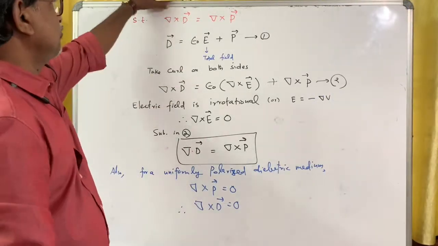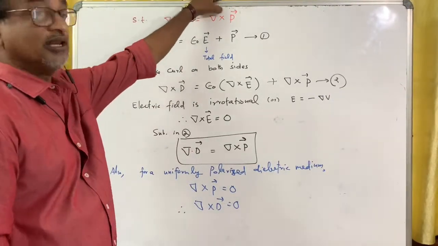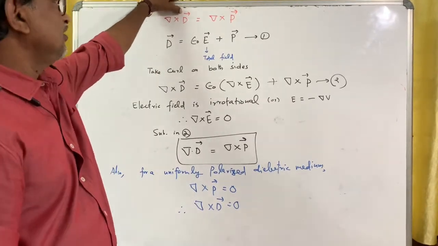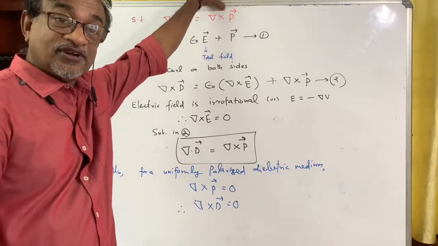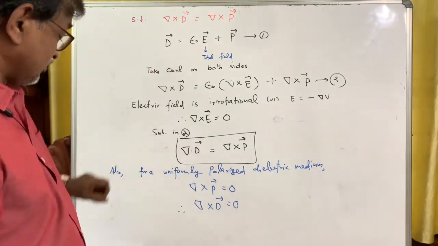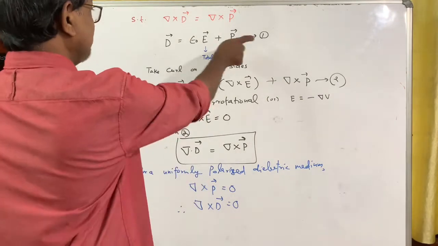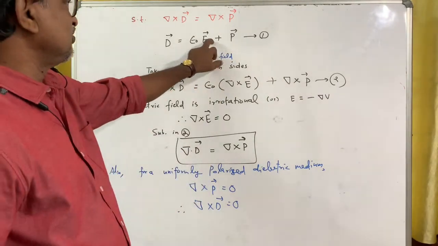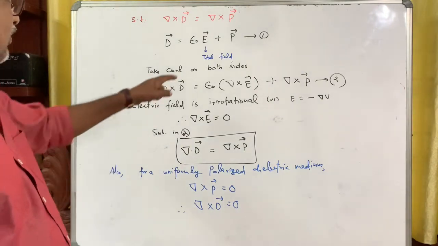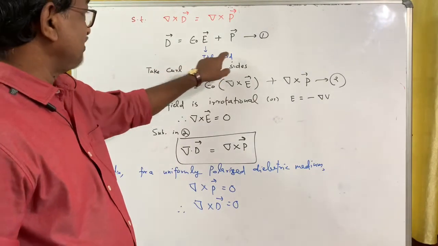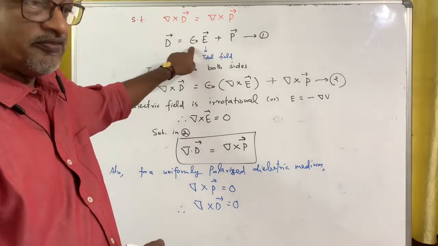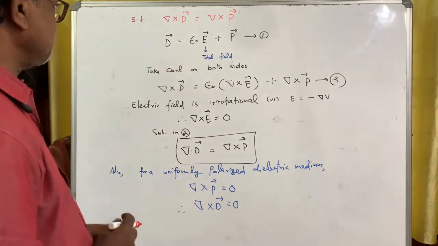Now we have to prove del cross D equal to del cross P. What is D? The electric displacement vector. What is P? The dielectric polarization vector. For this, first of all you just assume the equation D equal to epsilon 0 E plus P, where E is the total field, P is the polarization vector, epsilon 0 is the permittivity of free space, and D is the electric displacement.